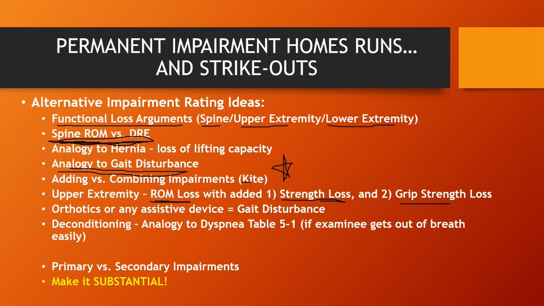Another example of using a gait disturbance analogy has to do with any examinee who uses a lower extremity assistive device, such as a knee brace, such as foot orthotics, or any type of assistive device, that can be analogized to an impairment rating with gait disturbance, because these types of conditions that require orthotics create the same functional limitations for weight-bearing activities as examinees who actually have a limp or other type of gait disturbance.